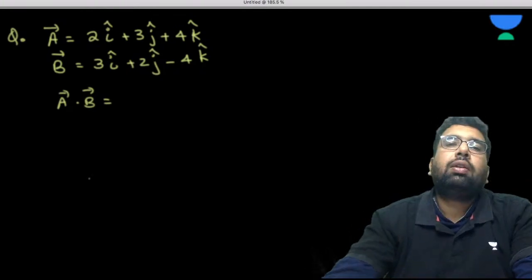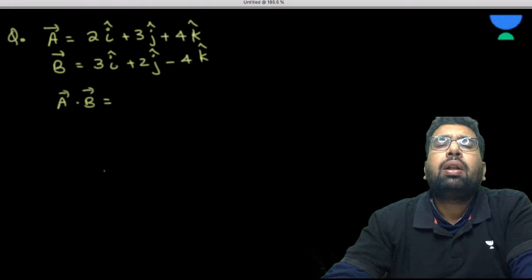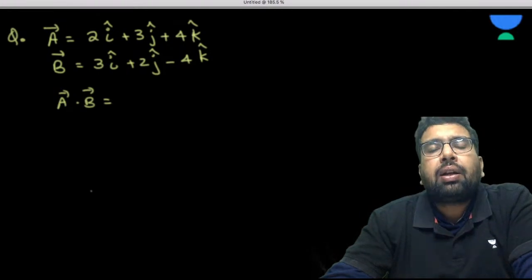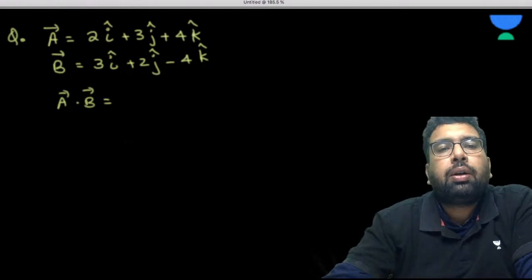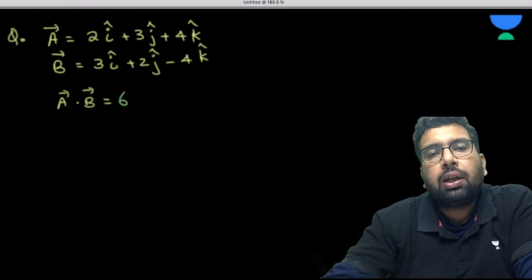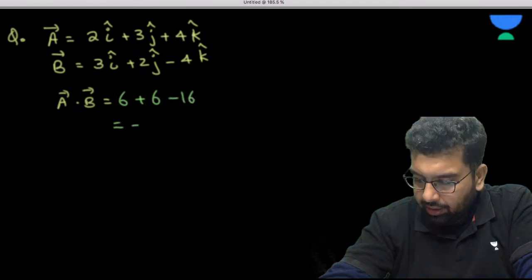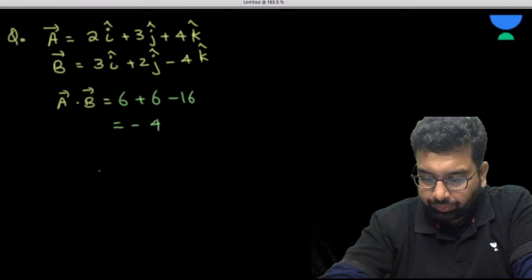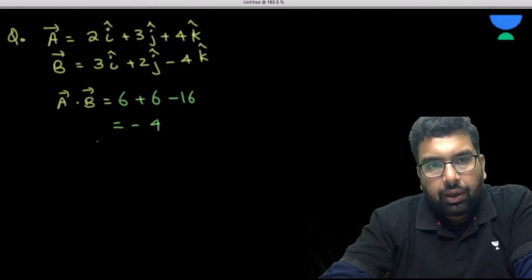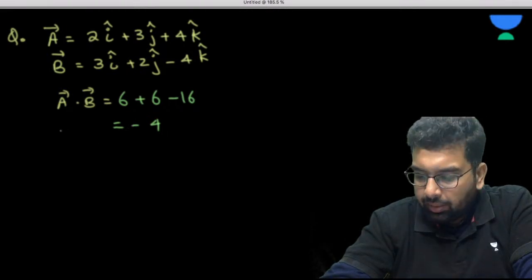So see, this is very simple. We have A vector and B vector, so I can have the i components multiplied together. This will become 6 plus 6 and minus 16, so this will become minus 4, right? So the dot product of A and B is minus 4.